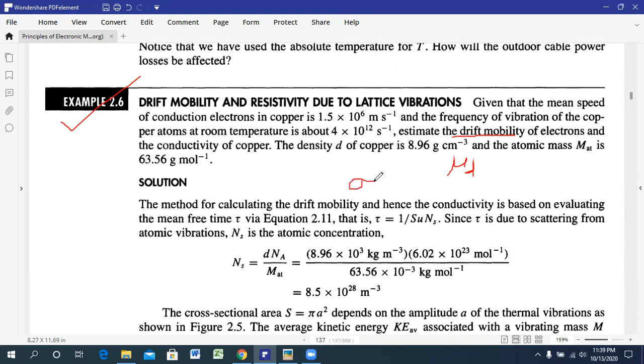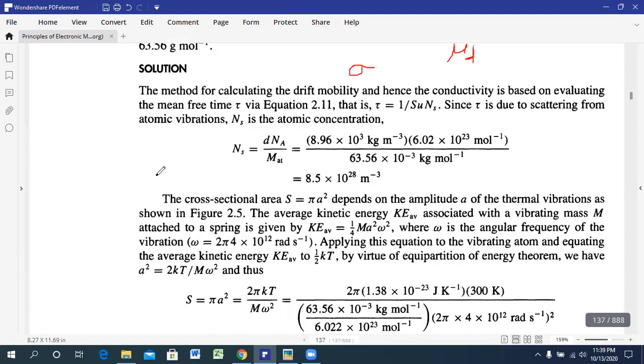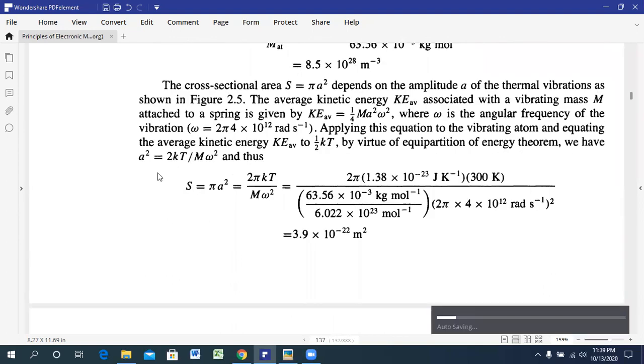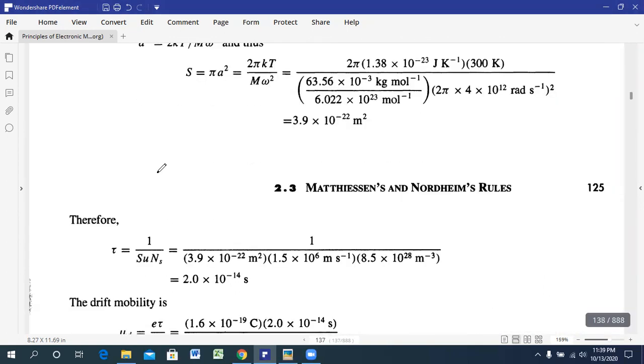Conductivity means sigma. The density d of the copper is 8.96 gram per centimeter cube, and the atomic mass M a is 63.56 gram per mole. So this one is for the copper ion. Using the same formula, you can solve this math. Try to solve it, and if you face problems, we can discuss these things in the problem solving class.